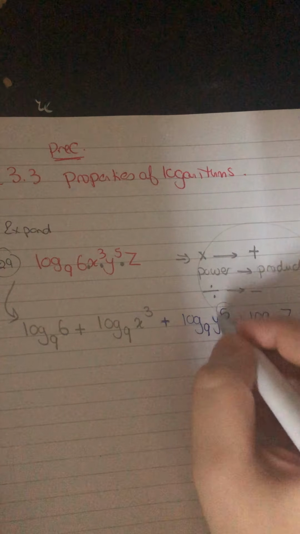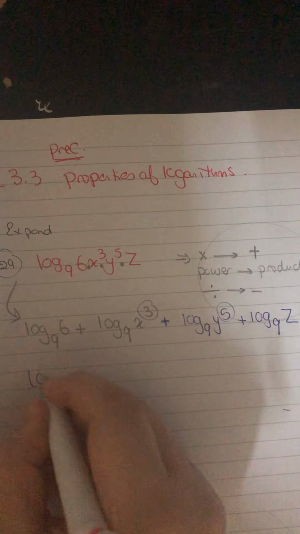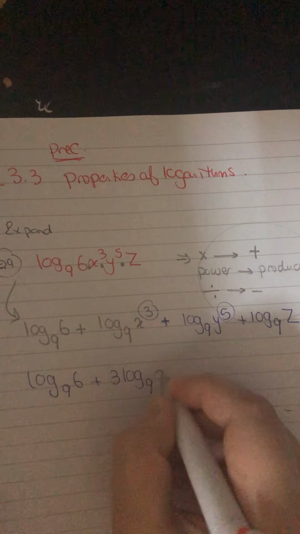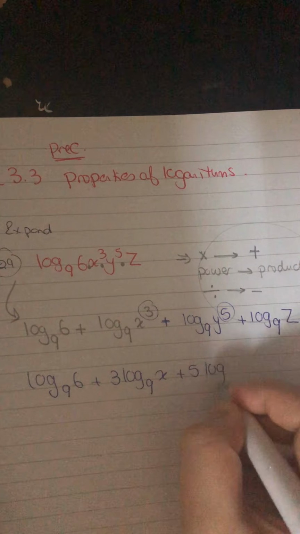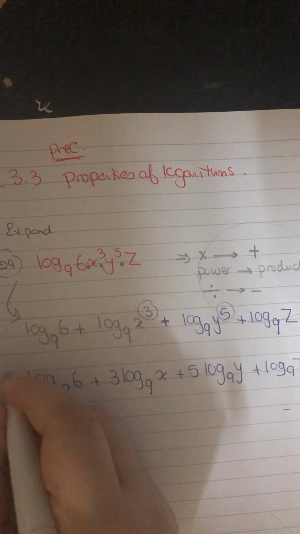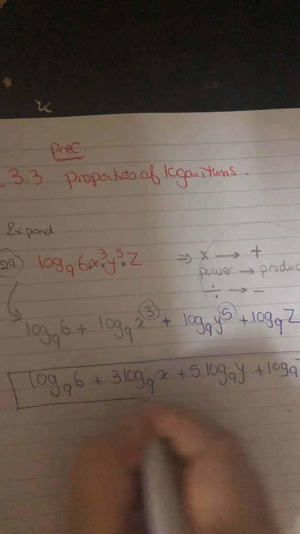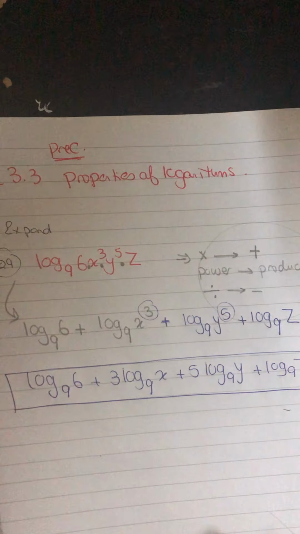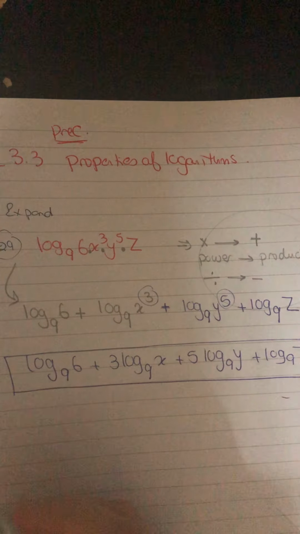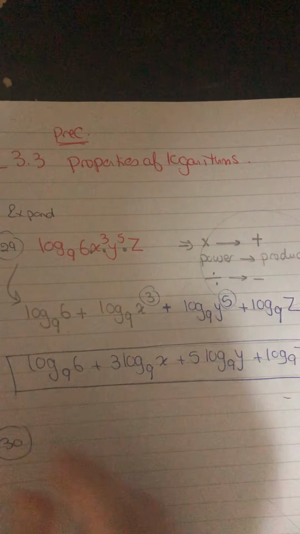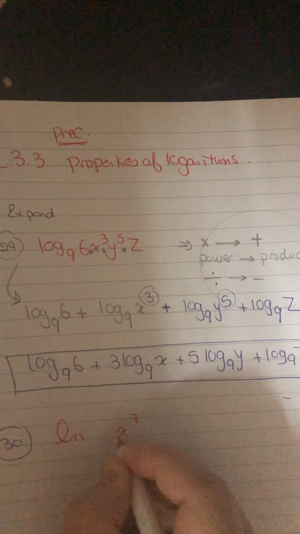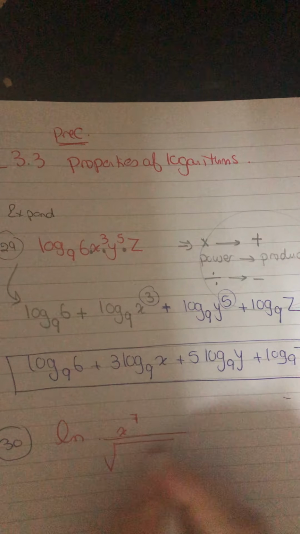So the final answer is log base 9 of 6 plus 3 log base 9 of x plus 5 log base 9 of y plus log base 9 of z. See how much we expanded? It was one expression, and I made it into 4 terms. Another example is question number 30. Question number 30 gave me ln. Ln is just a log with a base e, if you still remember.